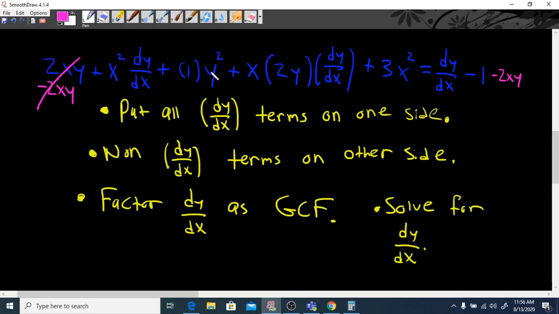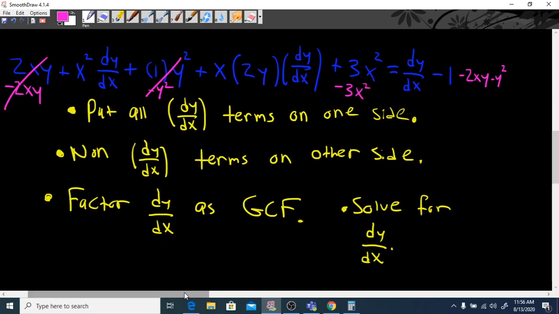This term, no dy dx, so I'm going to subtract it. Boom. Done. And then plus x 2y dy dx. It has dy dx, so I'm going to keep it on the left-hand side. Plus 3x squared, no dy dx here, so I'm going to subtract 3x squared from both sides. And there we go. So minus 3x squared.